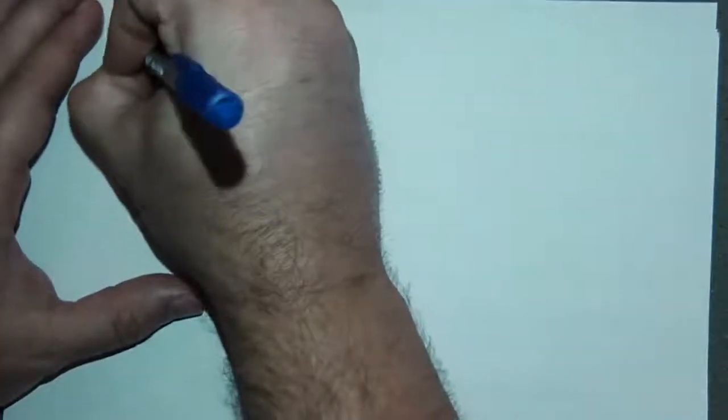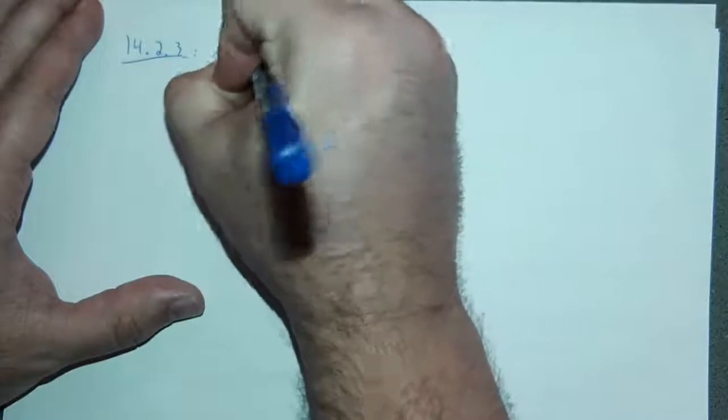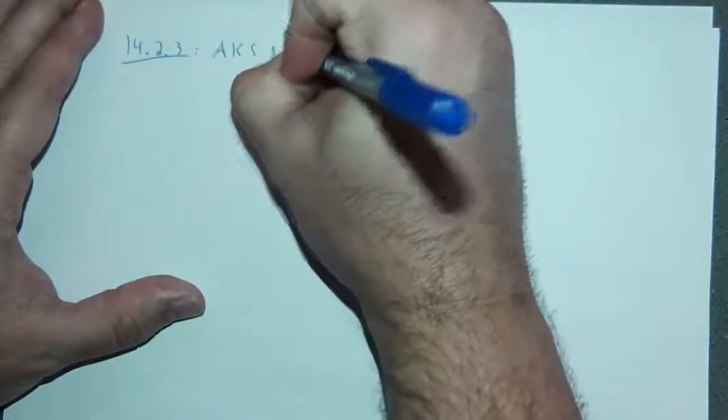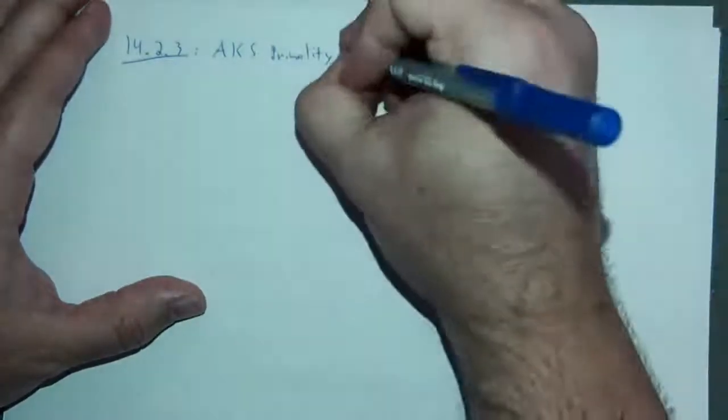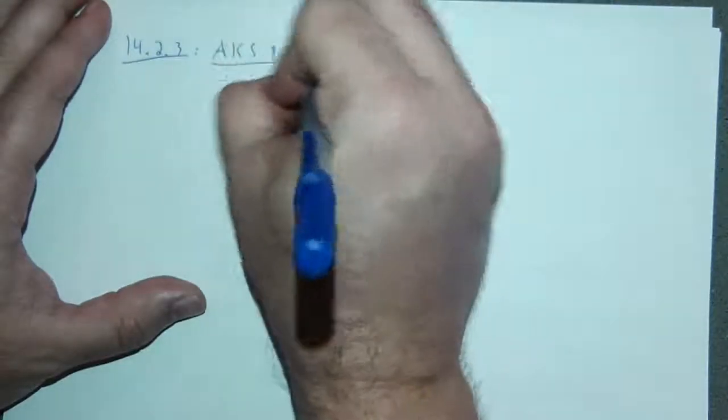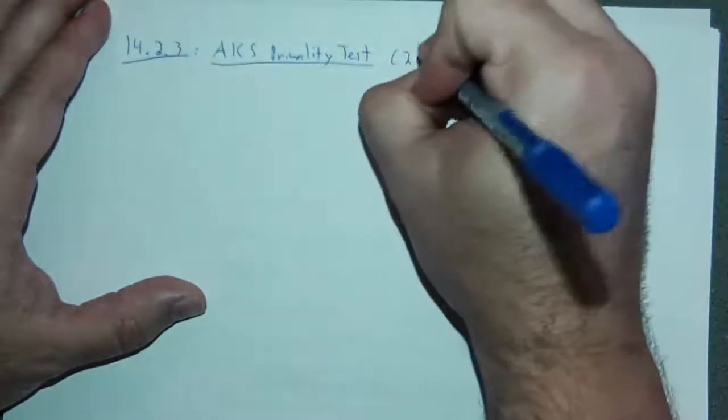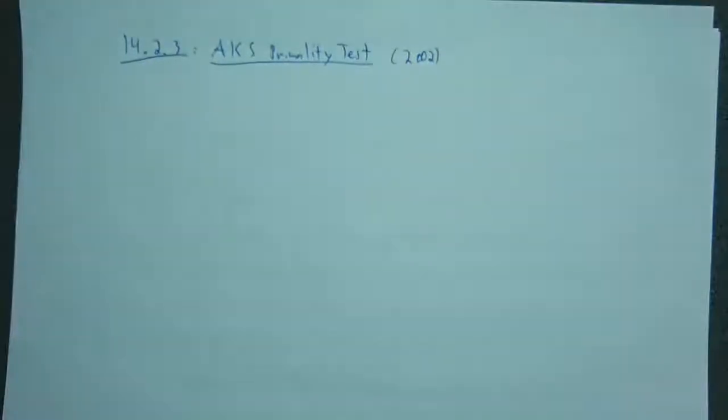The subsection 14.2.3 talks about the AKS Primality Test. So this is a fairly new one. This is from 2002. It's a good example of a very good primality test.